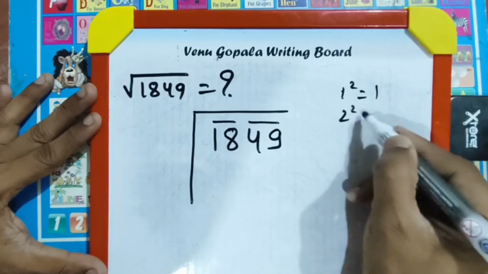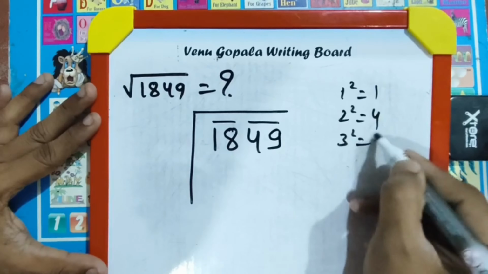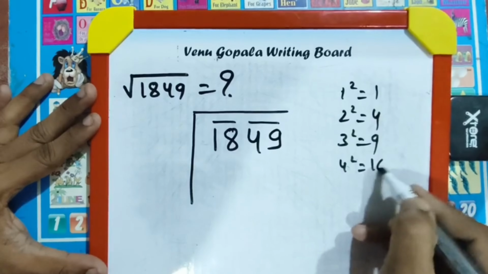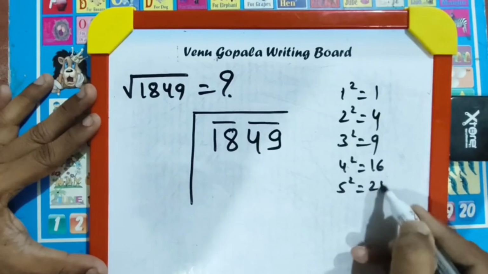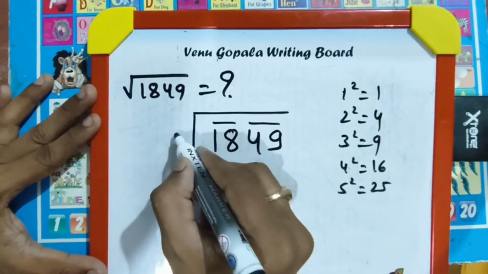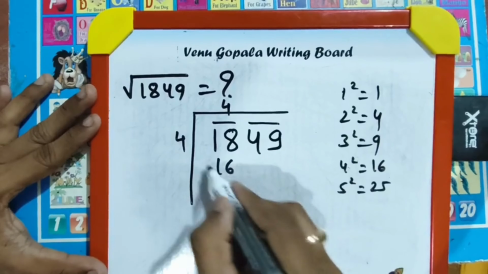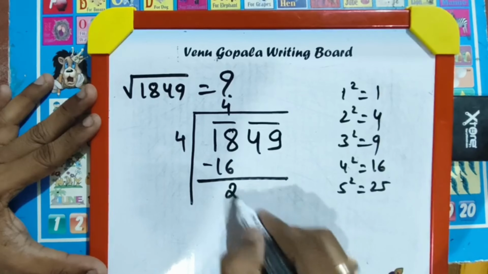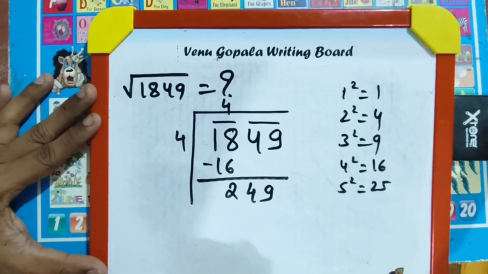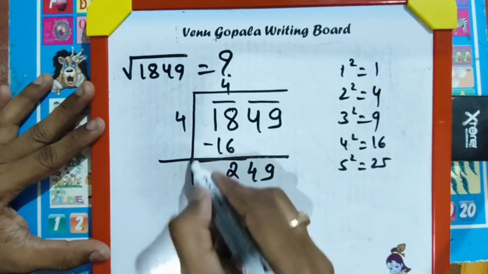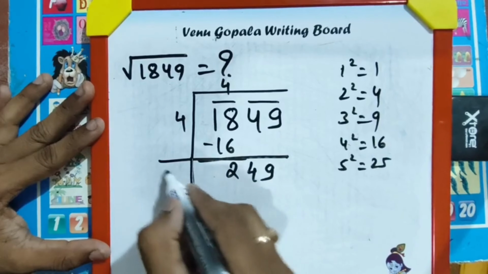Let us write the numbers: 1 square 1, 2 square 4, 3 square 9, 4 square 16, 5 square 25. I have to take the nearest number to 18 less than 18. 4 square is 16. 18 minus 16 is 2. And I'll carry this 49. 249. 4 plus 4, 8.